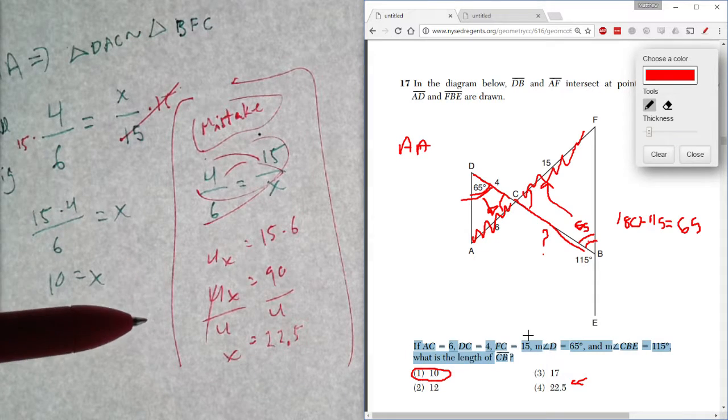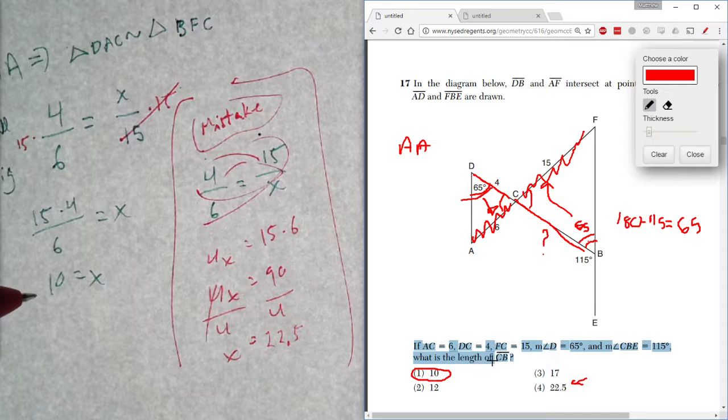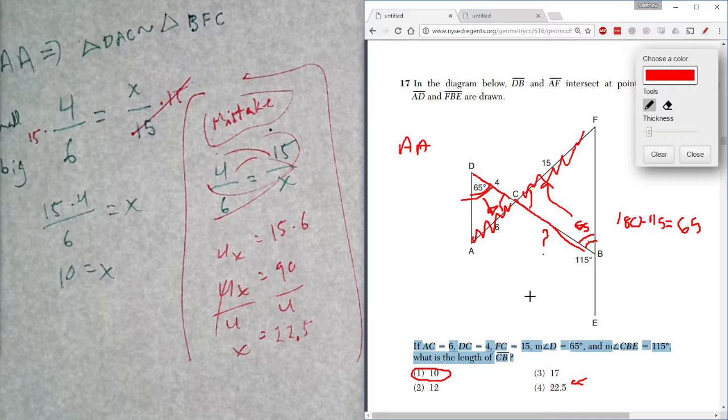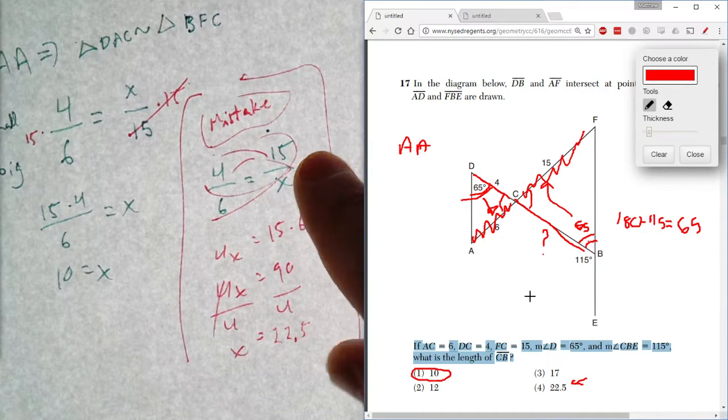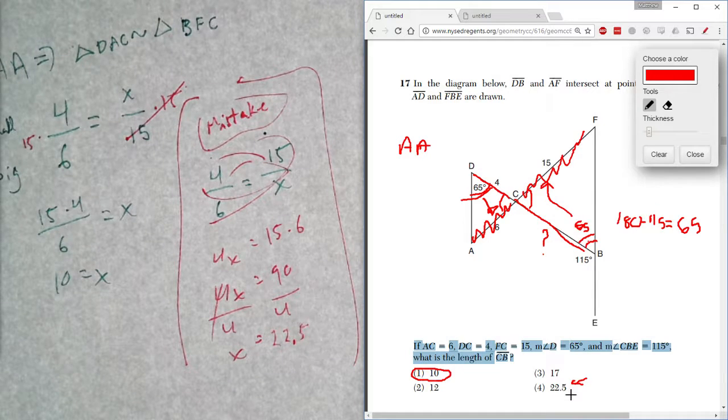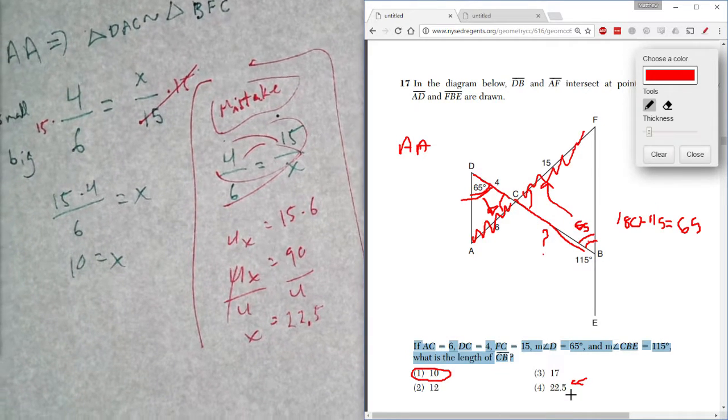Do not get some number and then just assume that you got it right, because when they're making these exams, they put in trick answers. They say, where's one little mistake they could make? They'll accidentally put the wrong fraction on one of the sides, and the answer is right there. Take your time, take it slow.